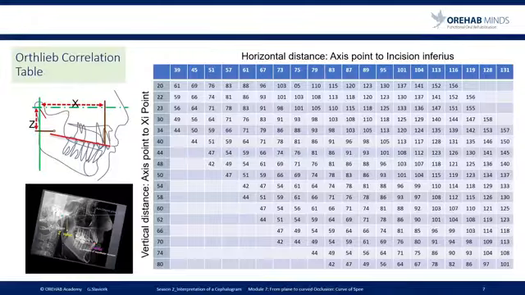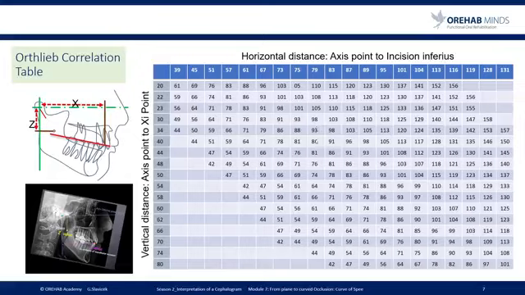And the table looks like this. We have two measurements, a vertical and a sagittal, the Z and the X. And then we have these two measurements, for example, 40 millimeters here, perpendicular distance of the xi point to axis orbital plane, and let's choose 80 or 79 millimeters, the sagittal position of incision inferius within this coordinate system.